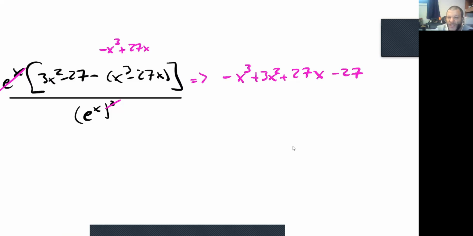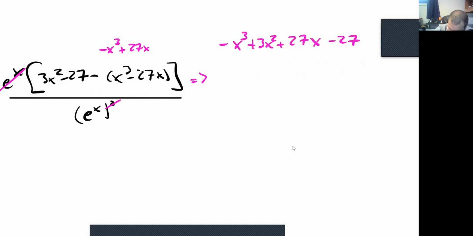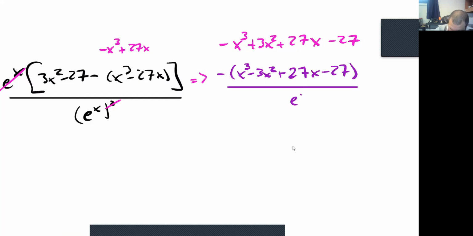One more thing, since we usually don't try to factor these things, but I'm going to pull a negative out, and that's going to give us negative x cubed minus 3x squared plus 27x minus 27, this whole thing over e to the x.